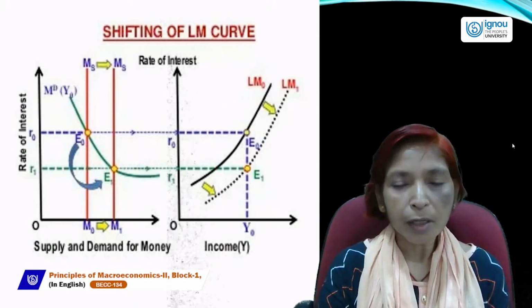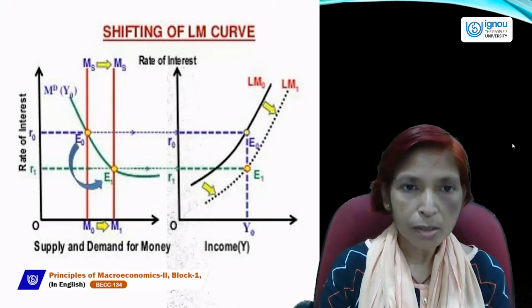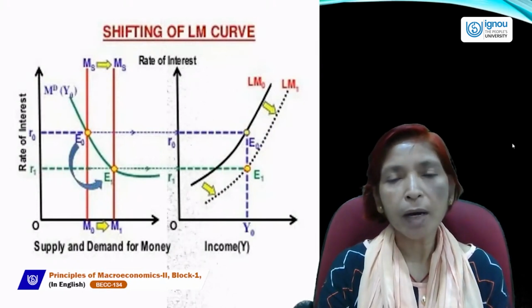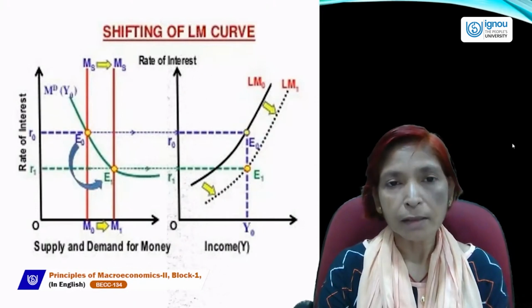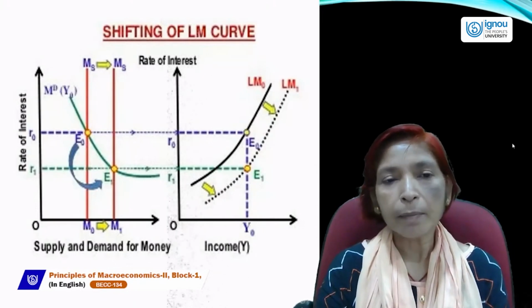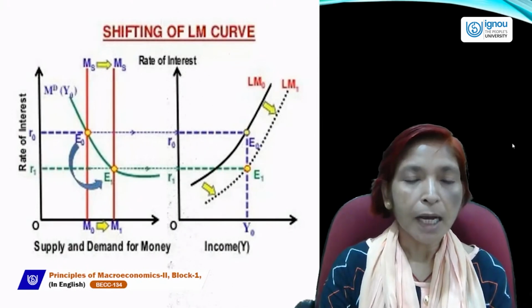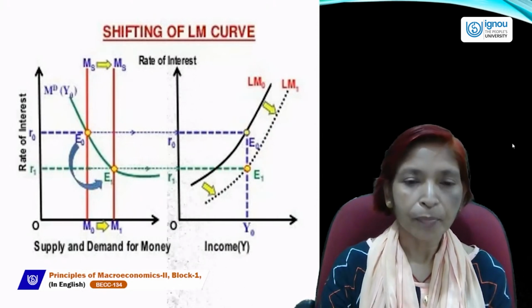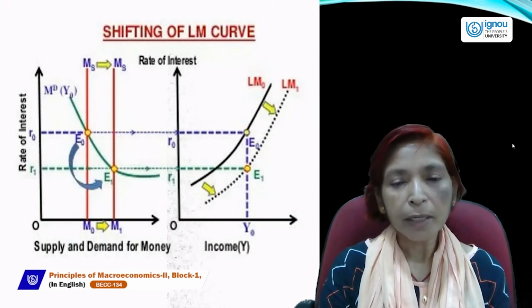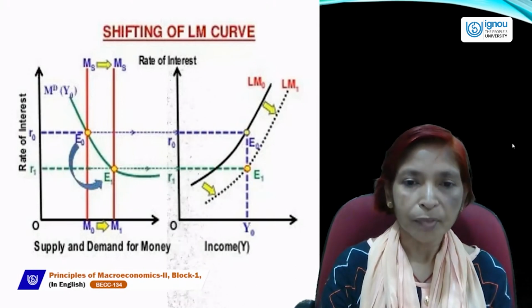The shift in the LM curve depends upon monetary policy, because LM shows money market equilibrium and the money market is regulated by the RBI, and the Reserve Bank of India has full control over the supply of money and the credit creation process. RBI can control money supply and can control credit creation.